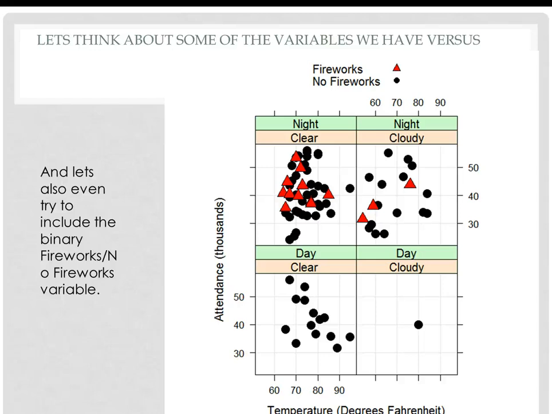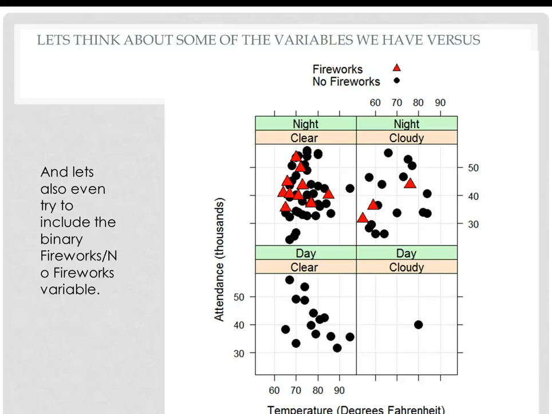We have a red triangle versus a black dot. What's that mean? Fireworks versus no fireworks? Okay. So any things you can get here? As I said, my brain is not so good at this, but I think other people's brains are better. So, use your brains.